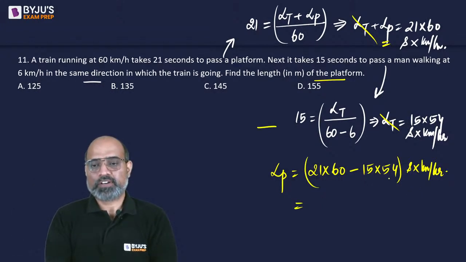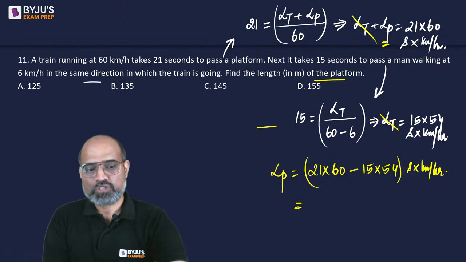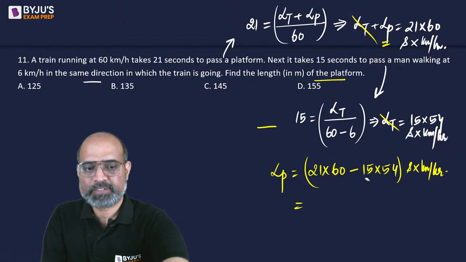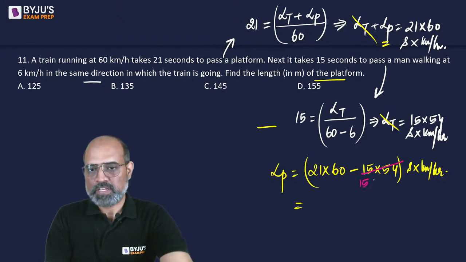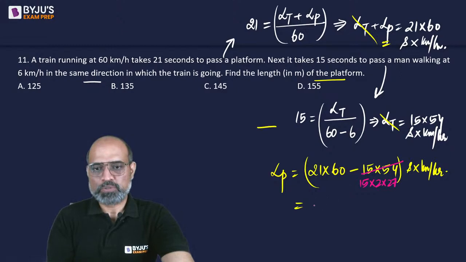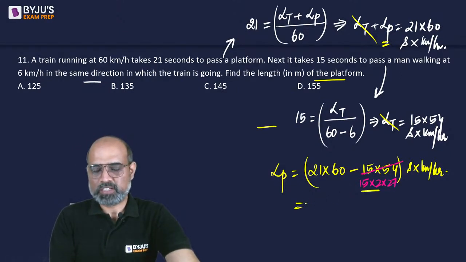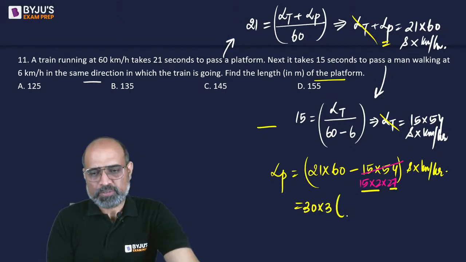So 54 हो गया 27 into 2. So I'm going to write it over here as 15 into 2 into 27. So what we realize is we can take out एक तो 15 into 2, 30 बाहर निकाल सकते हैं, and then we can take out another 3 from 27, that is 90 we can take out, right?